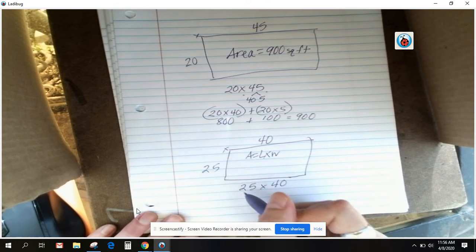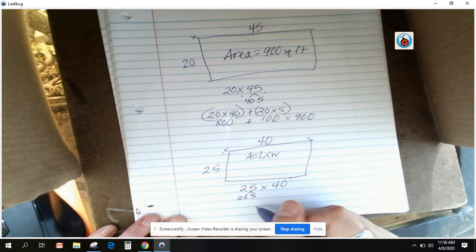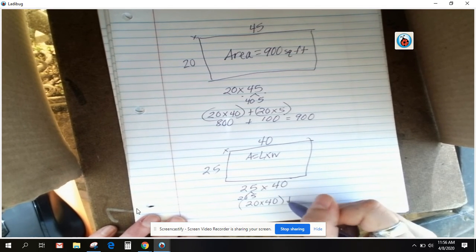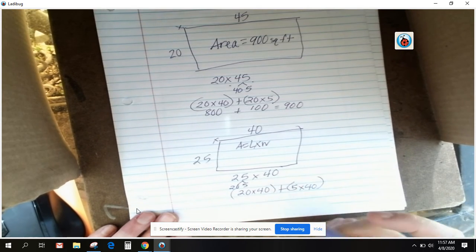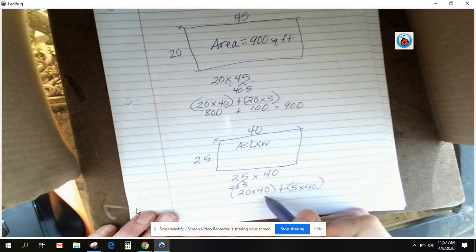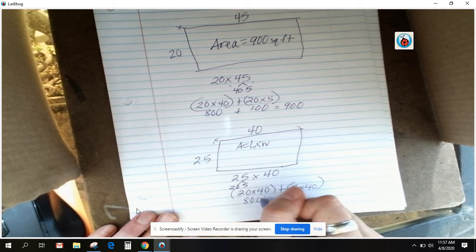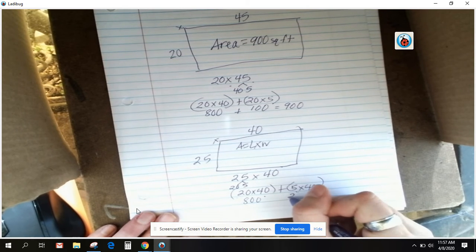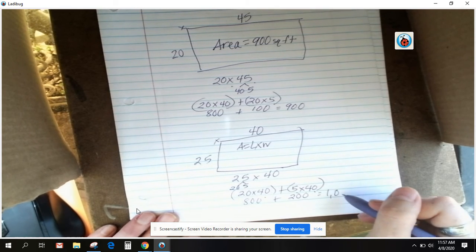Now I can decompose the 25 into 20 and 5. So now I've got 20 times 40 plus 5 times 40. I know 2 times 4 is 8, and we have 20 groups of 40, so it's going to get us 800. And 5 groups of 40, so 5 times 4 is 20, to get us 200. So 800 plus 200 is going to get us 1,000.